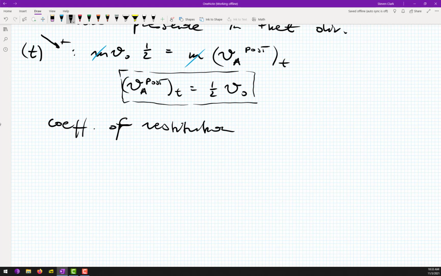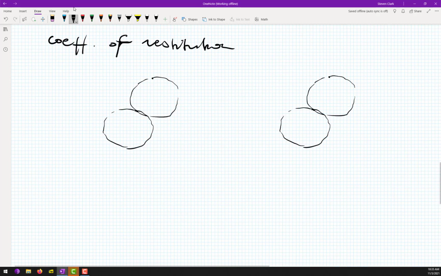Again, I will just draw these two balls, and copy them there. So this is our line of impact. This is our line of impact.